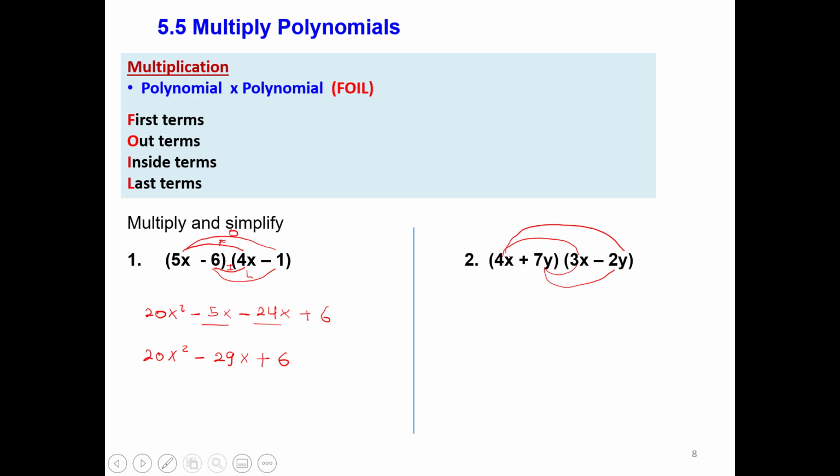You can think you have to distribute this 4 through this parenthesis, and you have to distribute the 7 through the second parenthesis. It's the same idea. And now we multiply the terms. And 4x times 3x will be 12x to the second.